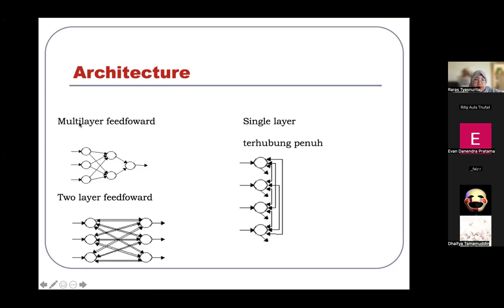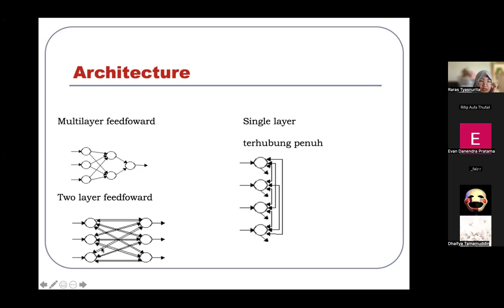So people call it multi-layer feed forward. The arrows go forward, and this is multi-layer, which means input, hidden, and output. But we also have the two-layer feed forward, which means you only have input and output.